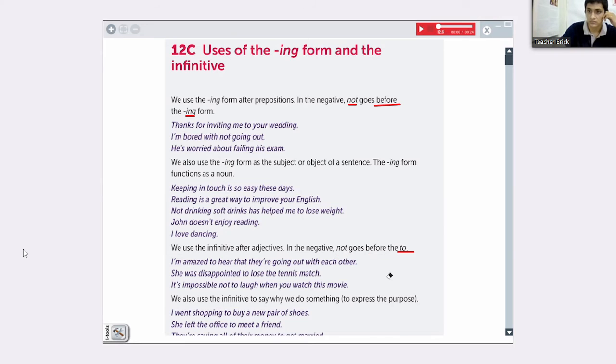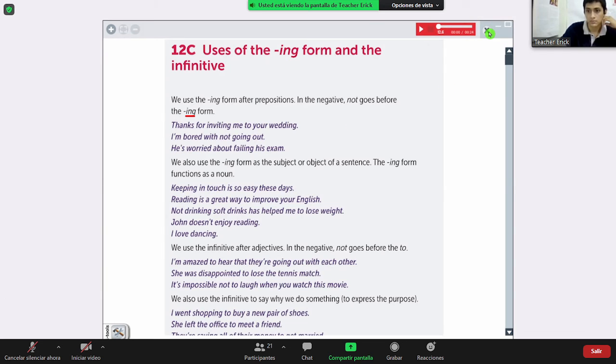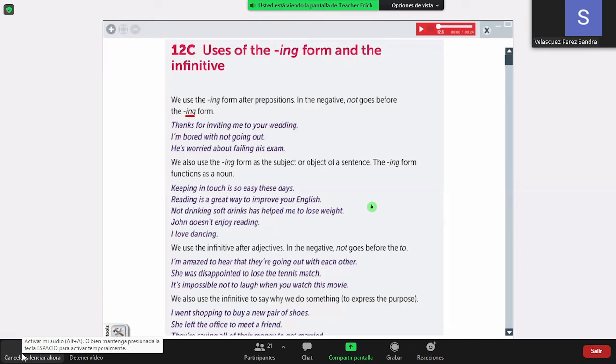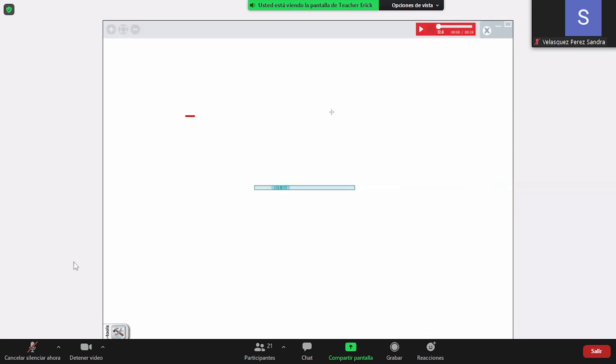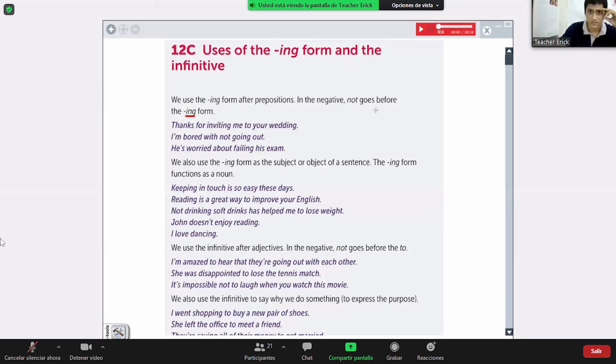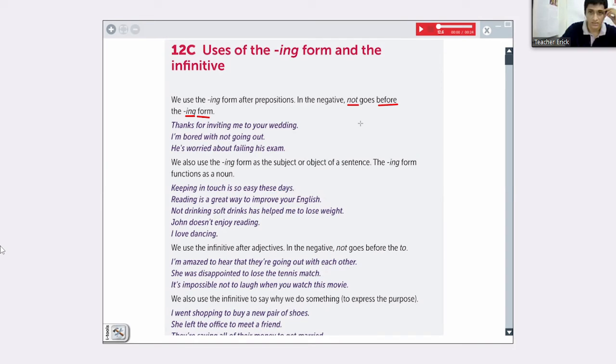Ok, a ver, en oraciones negativas, si es ing, el not está antes del ing. Y si son oraciones con el infinitivo, la palabra not va antes de to.